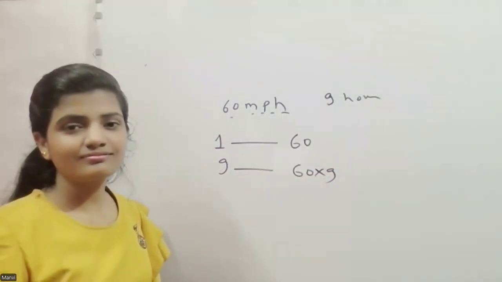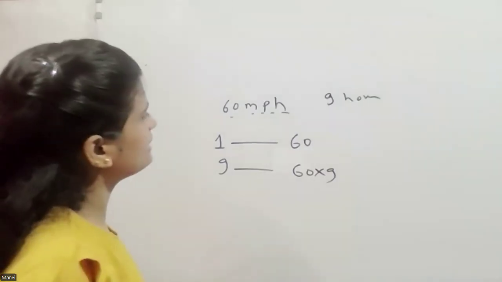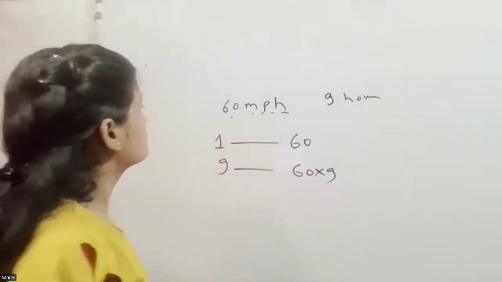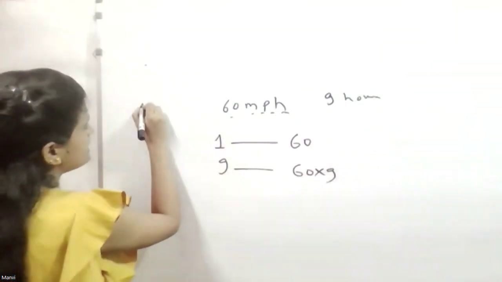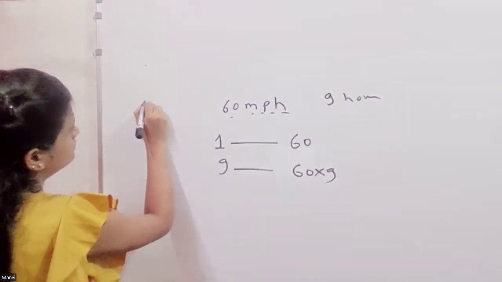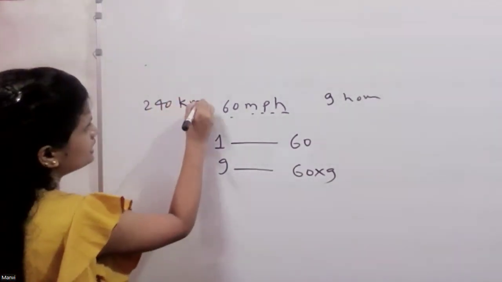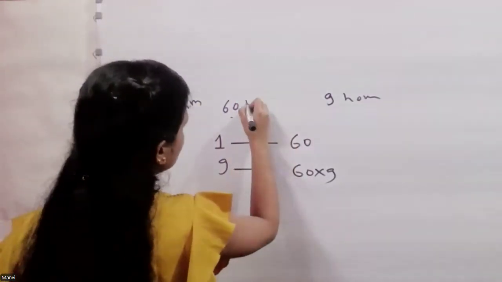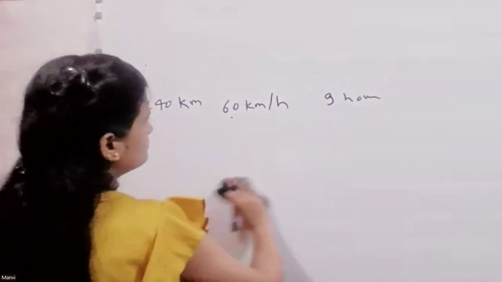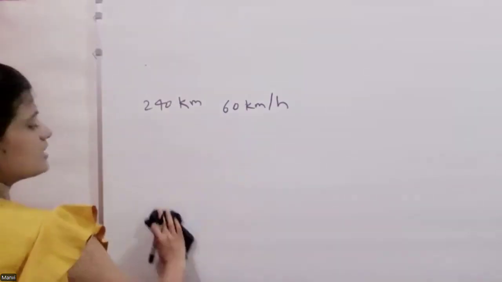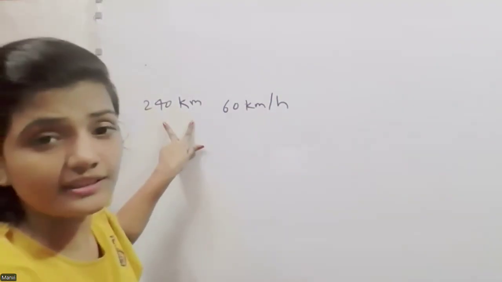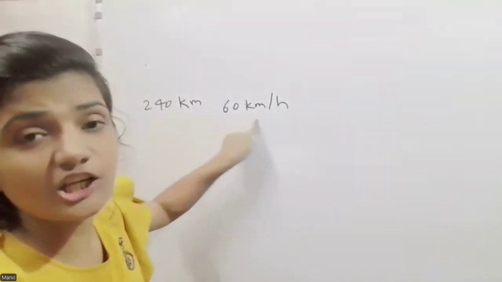For example, if they say a car travels a distance of 240 kilometers at 60 kilometer per hour speed, how much time does a car take for traveling 240 kilometers if the speed is 60 kilometer per hour?